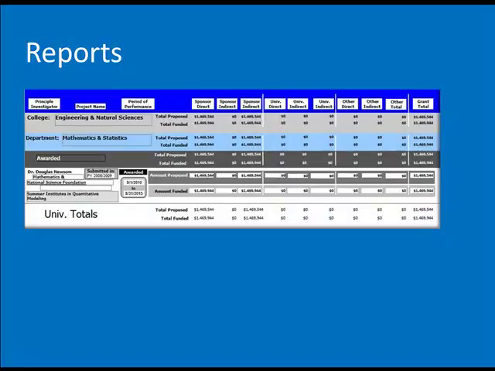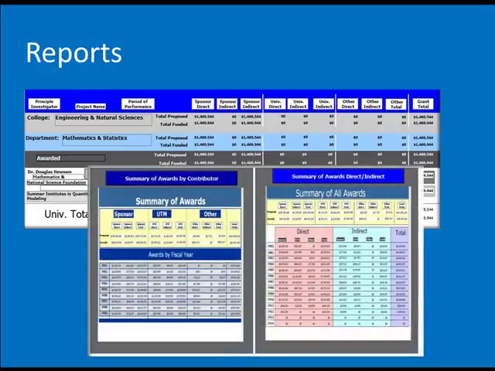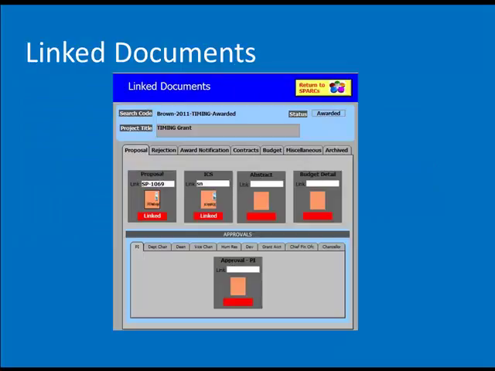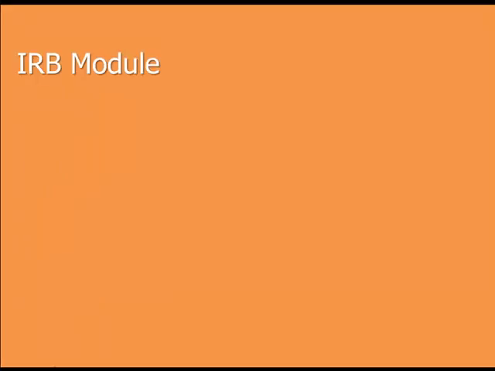The system also allows for a report of the outcome of the proposals in each fiscal year, as well as a summary of the awards, which can be broken down either by the source of the funding or whether that funding is direct or indirect. The mysparcs system allows the user to access documents that have been scanned or saved into the mysparcs system either directly from the modules or through the electronic filing system that is provided.